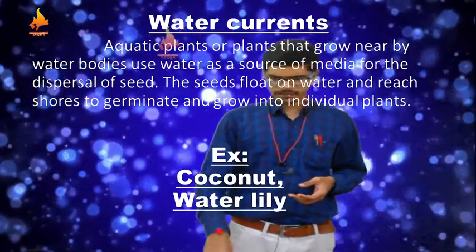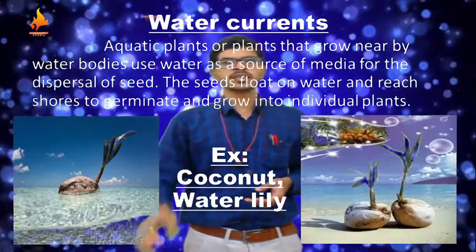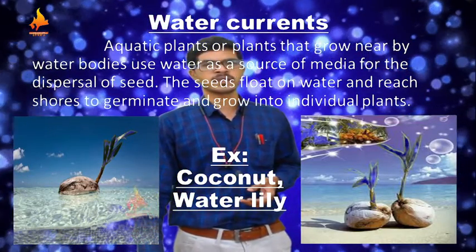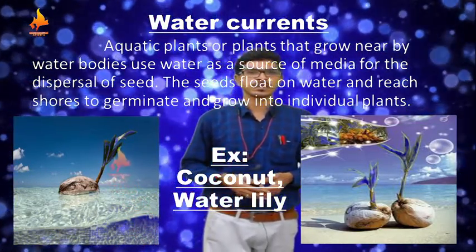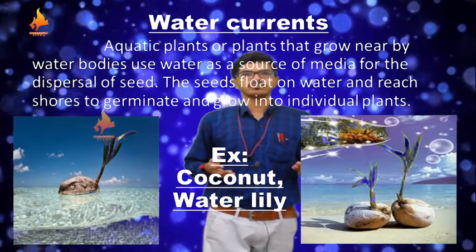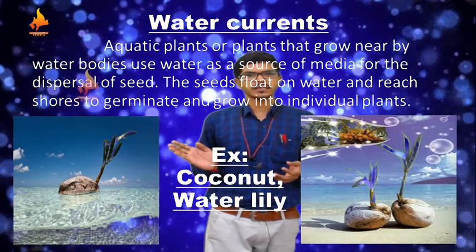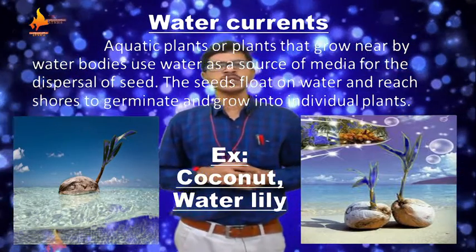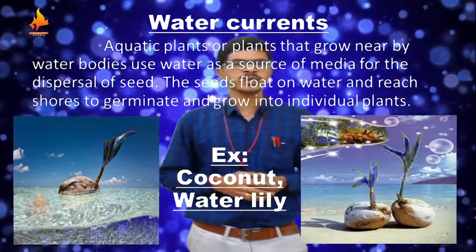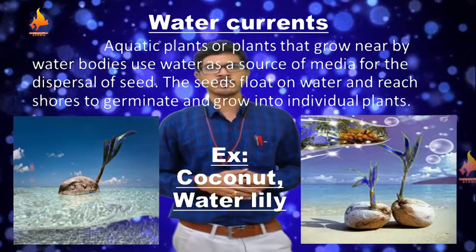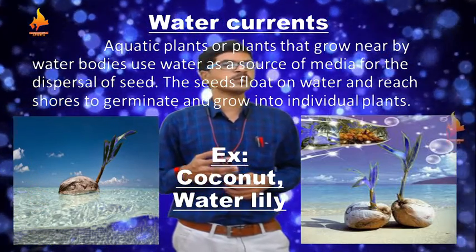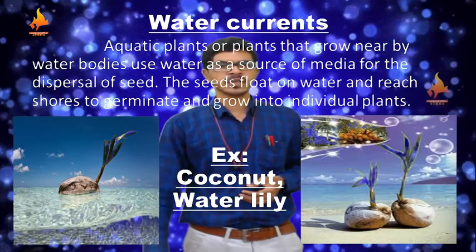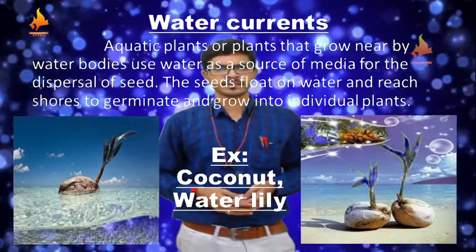The best examples that I can give you for seed dispersal through water are the coconut and the water lily. Here I have taken the pictures of coconut. Coconut is one example, and water lily is also an example in which the dispersal of seed takes place with the help of the water.